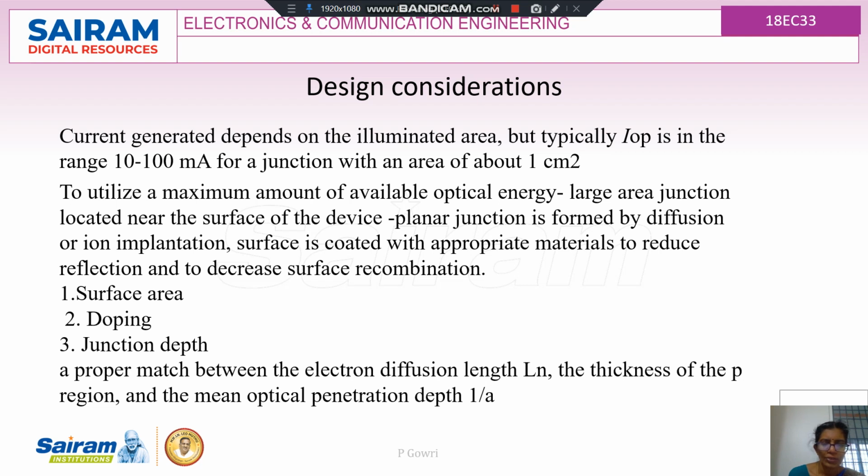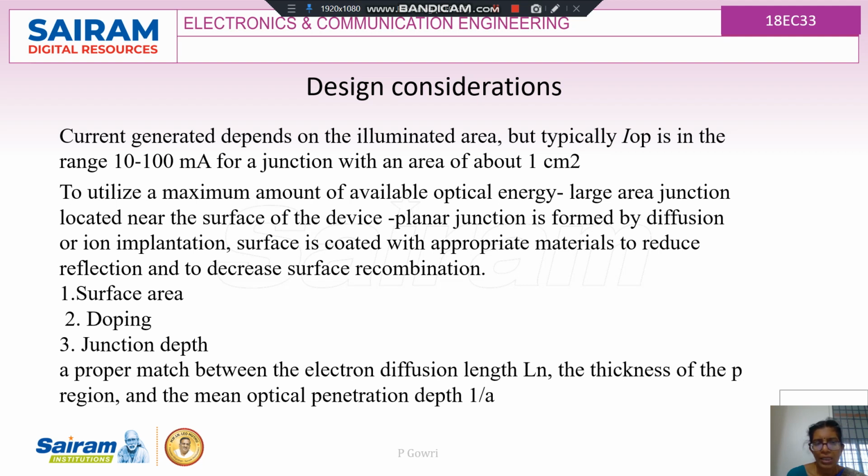When the light energy falls on the device, we want to get the maximum output from the light energy. The current generated depends on the illuminated area. To get more output current, the area should be larger, but we have only an IOP in the range of 10 to 100 milliamps for a junction with an area of about 1 centimeter square.